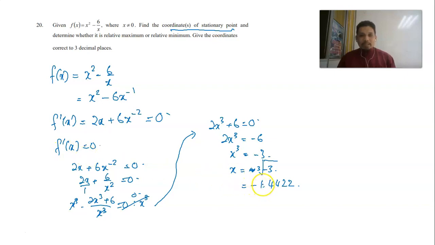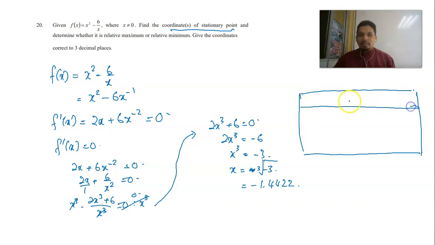So next, determine whether it's a relative maximum or minimum. Let's say I use a table to check whether this is going to give us a relative maximum or minimum. From negative infinity until negative 1.44, and then from negative 1.44 to positive infinity.